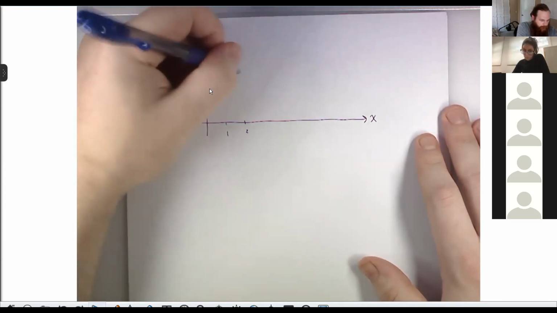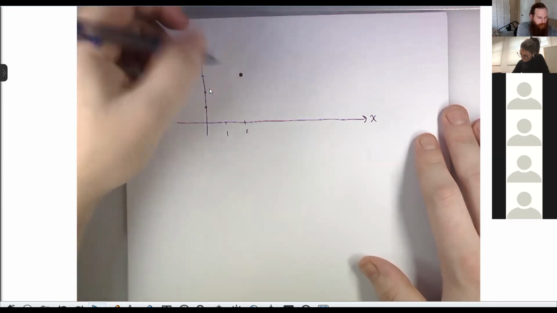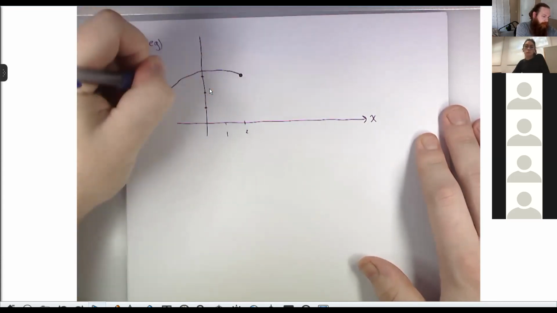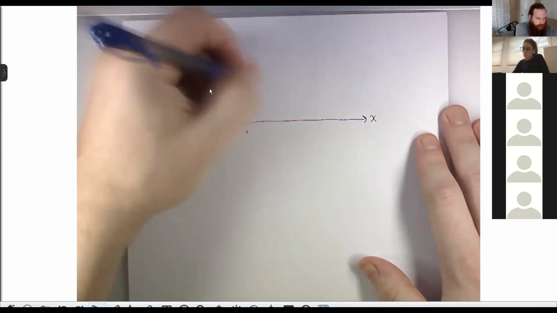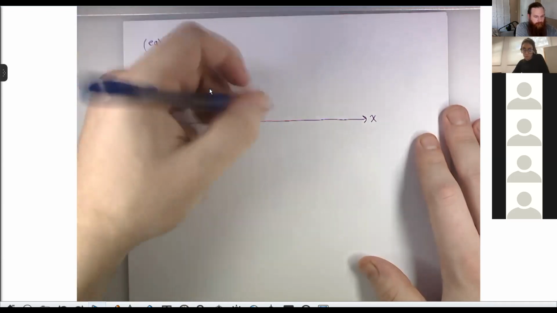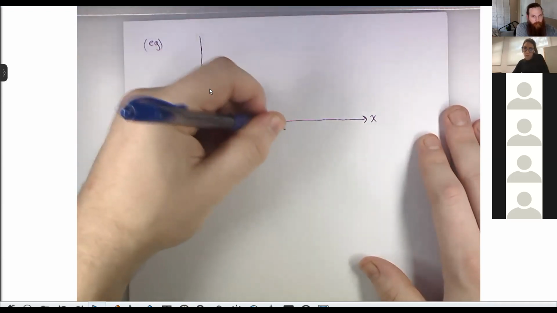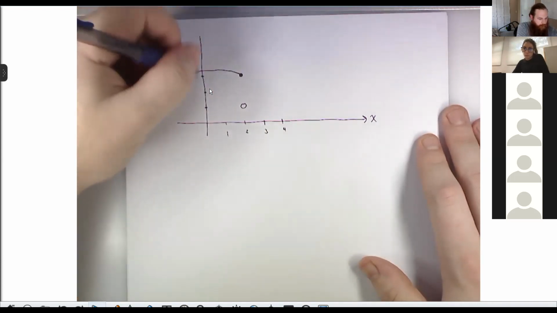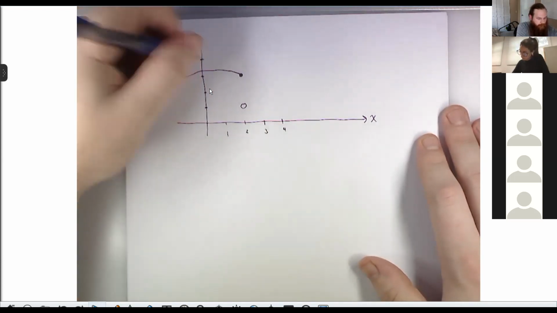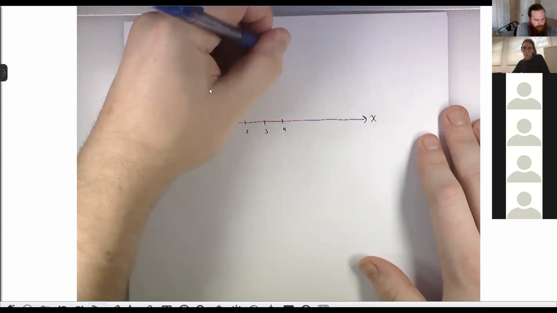So we've got something like this going on that's filled in, and he's arcing off and doing whatever he wants. And this is open. And then he's going to snake over here. We've got 3, and then by 4, he's all the way up there, to here, which is also going to be open.